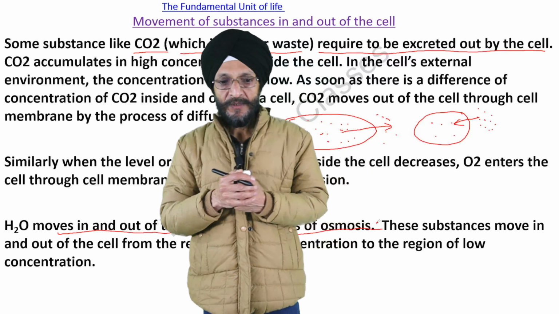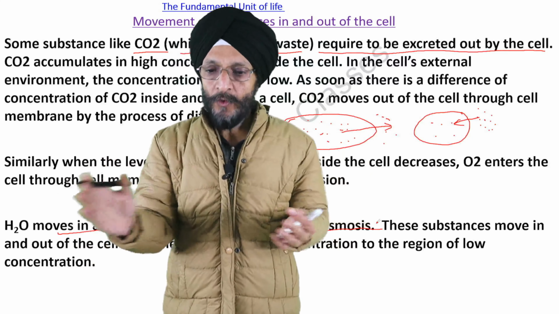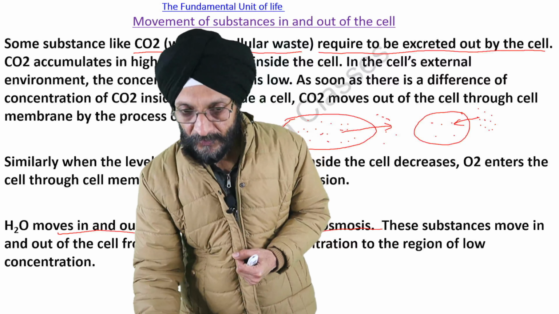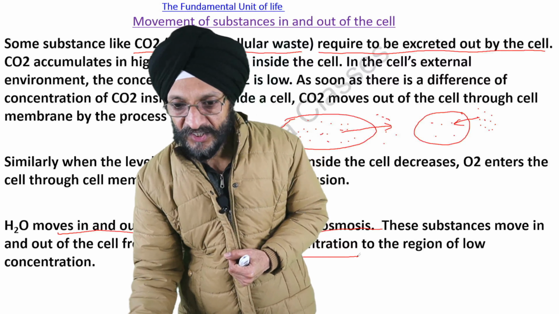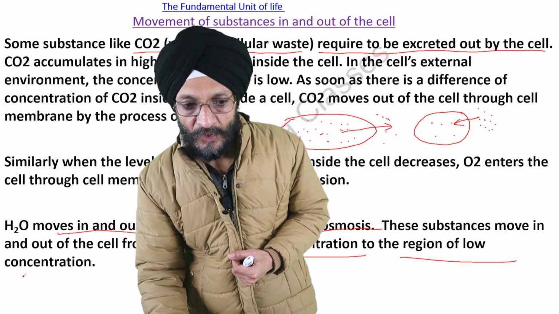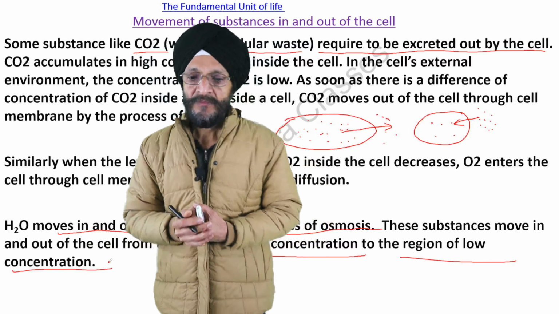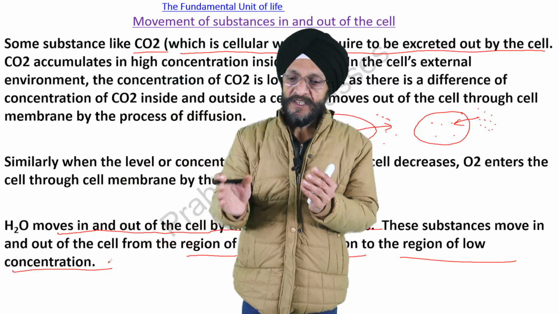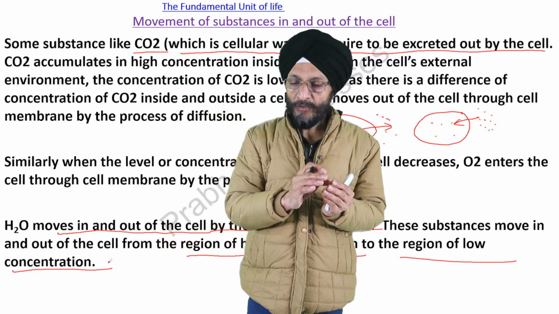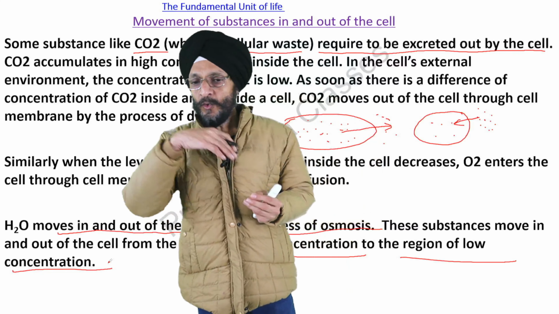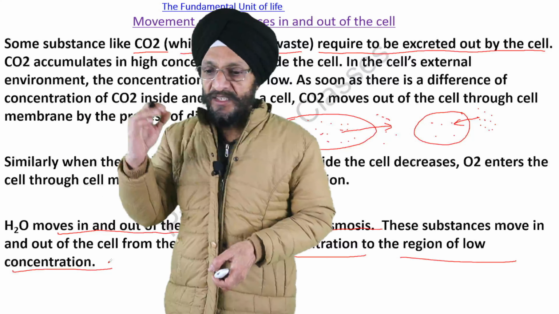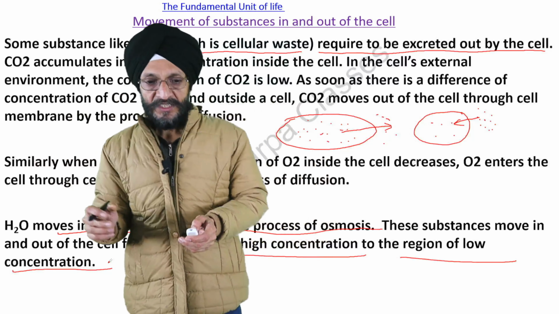These substances move in and out of the cell from the region of high concentration to the region of low concentration. It means that if the concentration is high in a particular area, it moves from that to the area where there is low concentration of the substance.